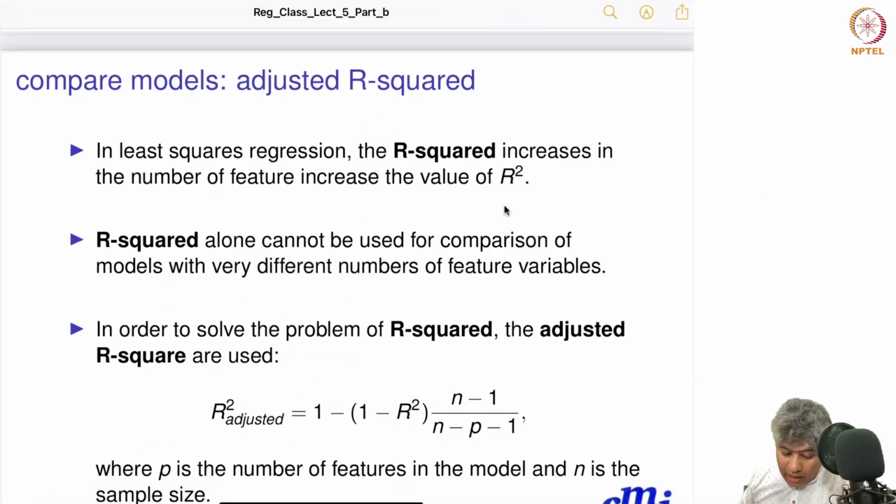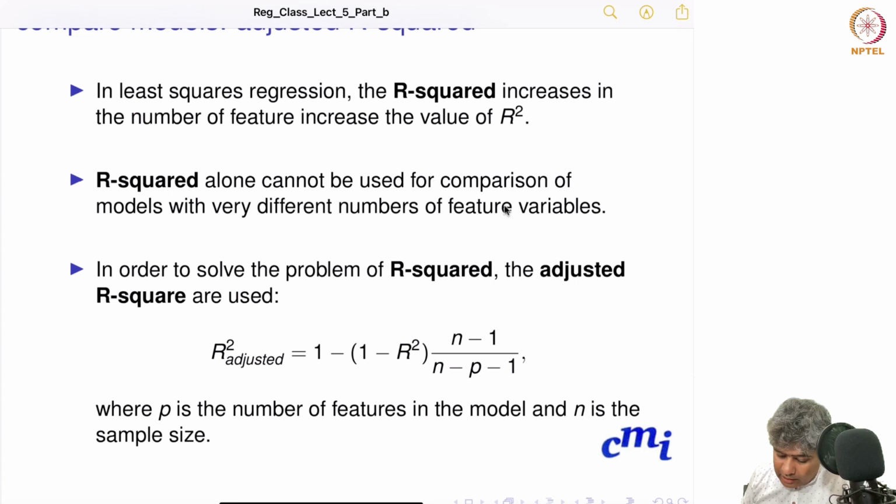In order to solve this problem, adjusted R square was proposed. Adjusted R square is basically 1 minus (1 minus R square) times this coefficient.